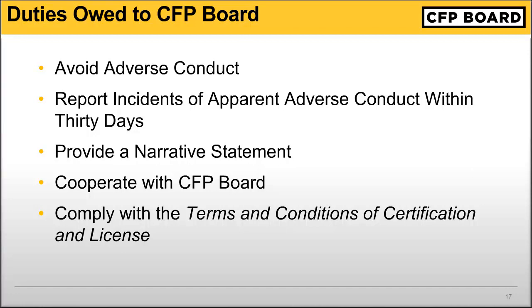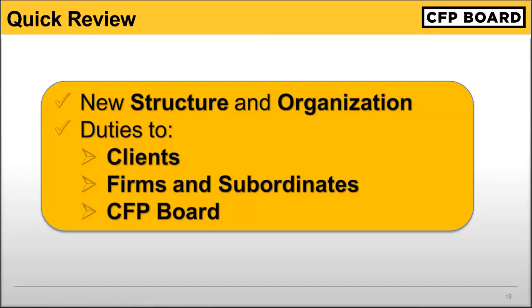We expect it to be a narrow circumstance when somebody can make that showing, but you might imagine somebody has a child who has a serious medical illness that reasonable insurance coverage couldn't cover, and they have to declare bankruptcy because of that tragedy. That's the sort of thing, if that were to happen, somebody could come to the DEC and explain that situation, and the DEC may decide not to sanction the person as a disciplinary matter in that circumstance. And that now is an opportunity available to CFP professionals under the revised code and standards.